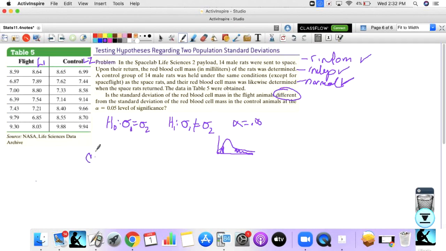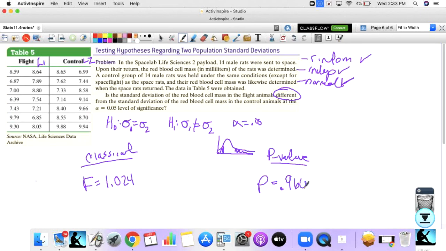So if I'm going to do my classical, I'm going to need my test statistic, which is my F score of my null, which we said was going to be 1.024. If I'm doing my p-value test, I need my p-value. And the p-value here was 0.9666.